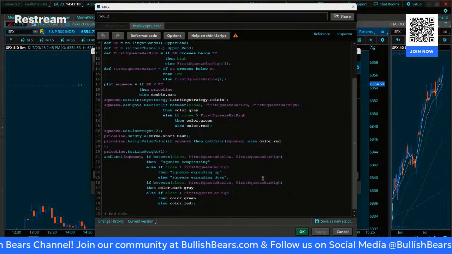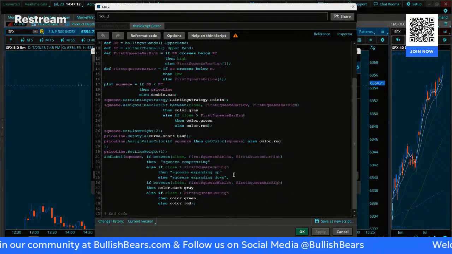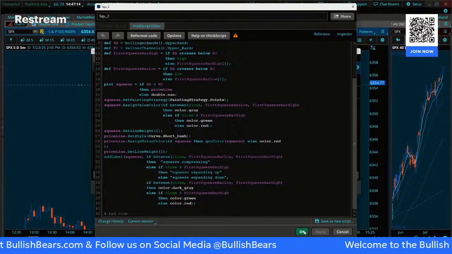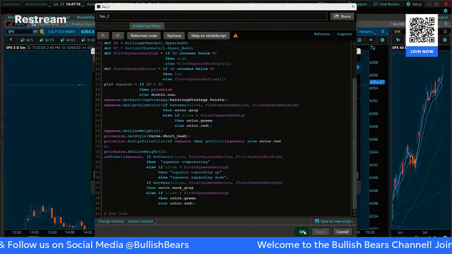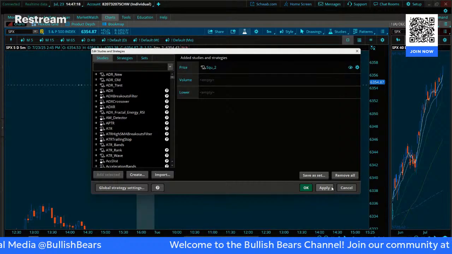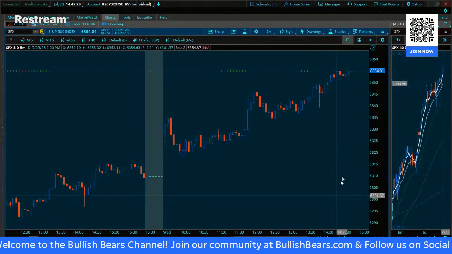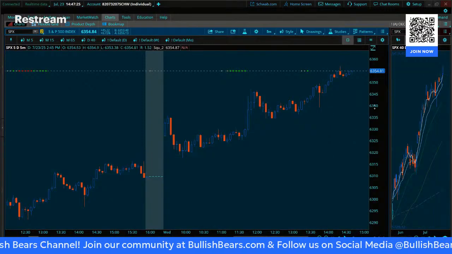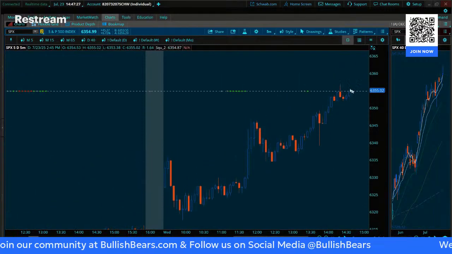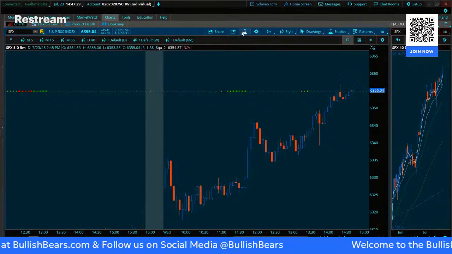Yeah, green or red based on the breakout, on which direction it's supposed to go and which way the squeeze is indicating. There's a label too. We're not in a squeeze, so we don't see the label, but if we do begin to squeeze, the label will tell you what the dots are doing, which is nice.